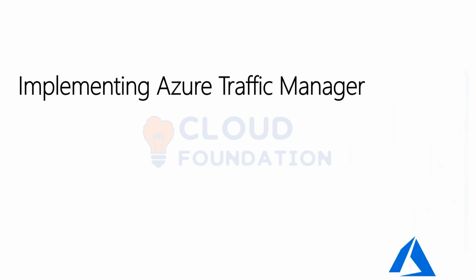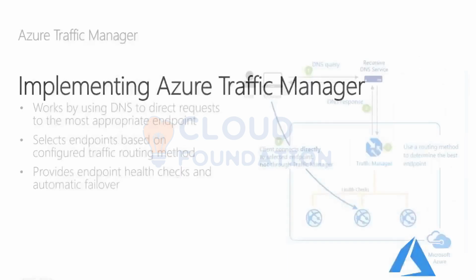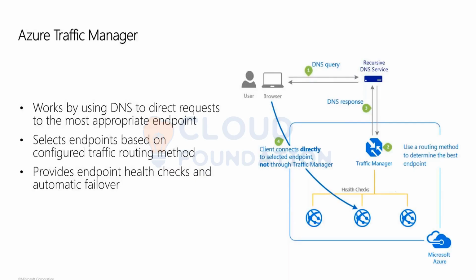Another option that you have is Azure Traffic Manager. As part of Traffic Manager, this is one of the most important resources which Microsoft has been providing for a very long time, since the initial phases, even when people were going for Azure migration.